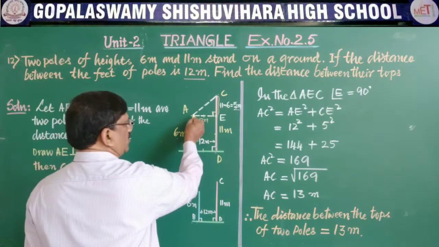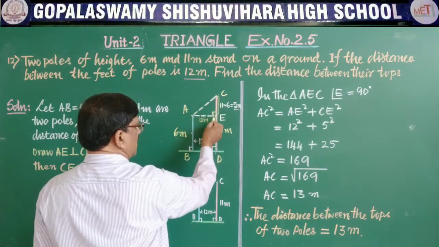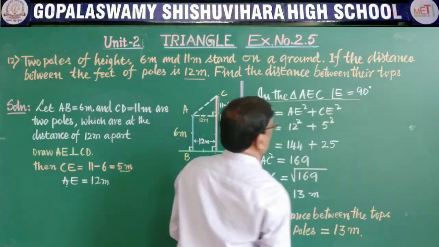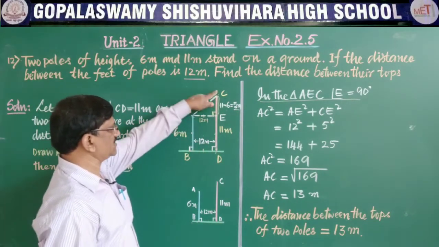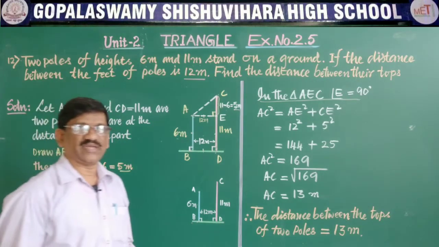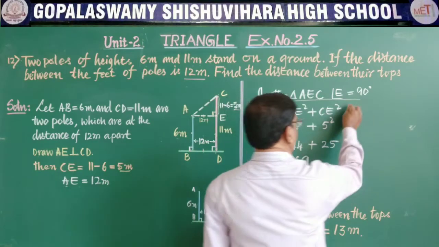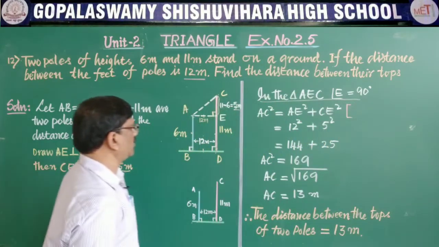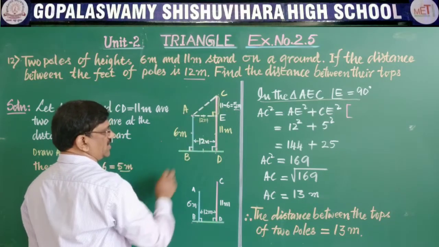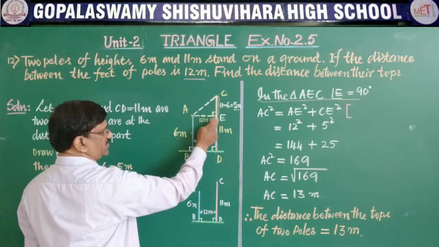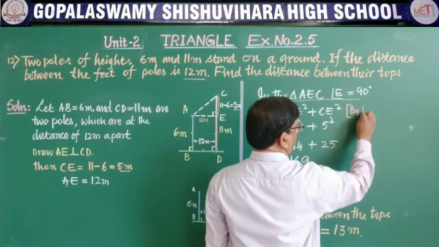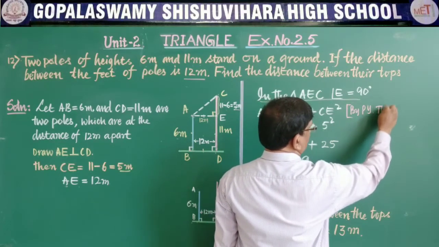Now in the triangle AEC, angle E is equal to 90 degrees. Wherever we see a right angle triangle, we can apply the Pythagoras theorem. You know that, children. So by applying the Pythagoras theorem, what does it become? AC square is equal to AE square plus CE square. The square on the hypotenuse is equal to the sum of the squares of the other two sides. So this is by the Pythagoras theorem.